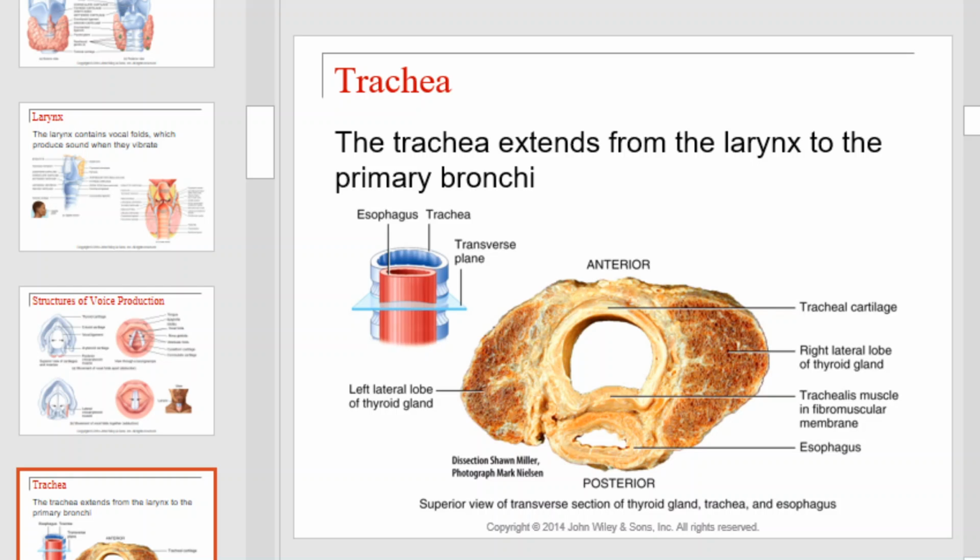As seen in this picture, the trachea is a large, round, open tube held open by tracheal cartilage that goes almost all the way around the entire trachea. One portion of the trachea is not lined with cartilage, and that is the portion that abuts against the esophagus, as seen in the picture below.